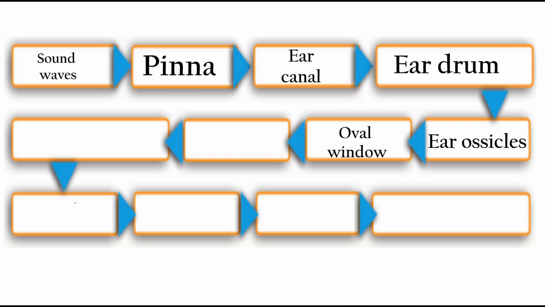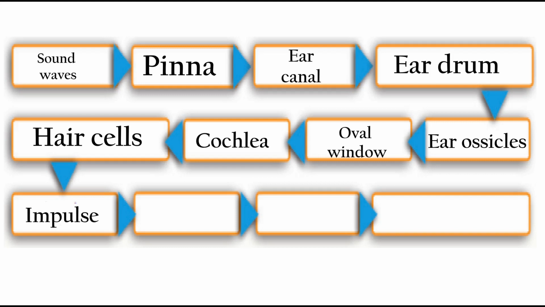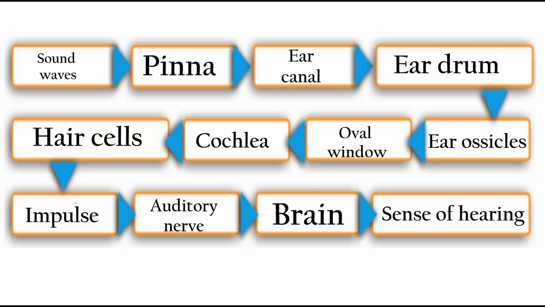From the oval window, it reaches the cochlea, where the special receptors or hair cells are present, which are stimulated or excited, which results in the production of impulses. These impulses are transmitted to the auditory nerve so that they carry the message to the auditory center of our brain. In this way, the sense of hearing is possible.